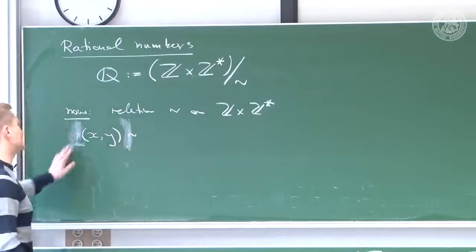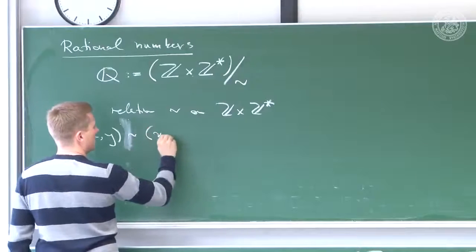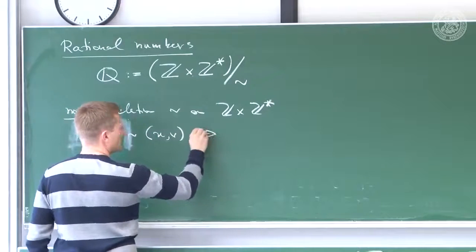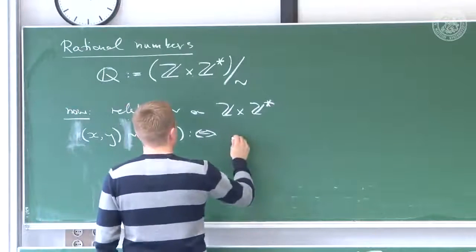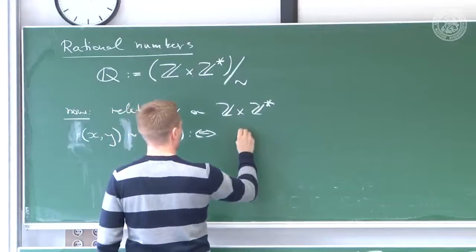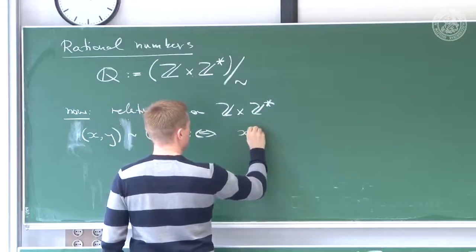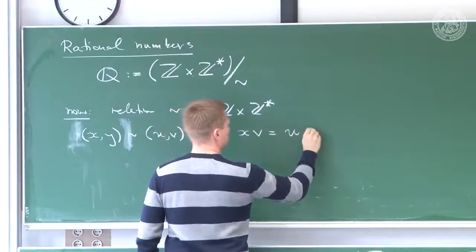An element of this Cartesian product is by definition equivalent to a pair u, v if x times v equals u times y.